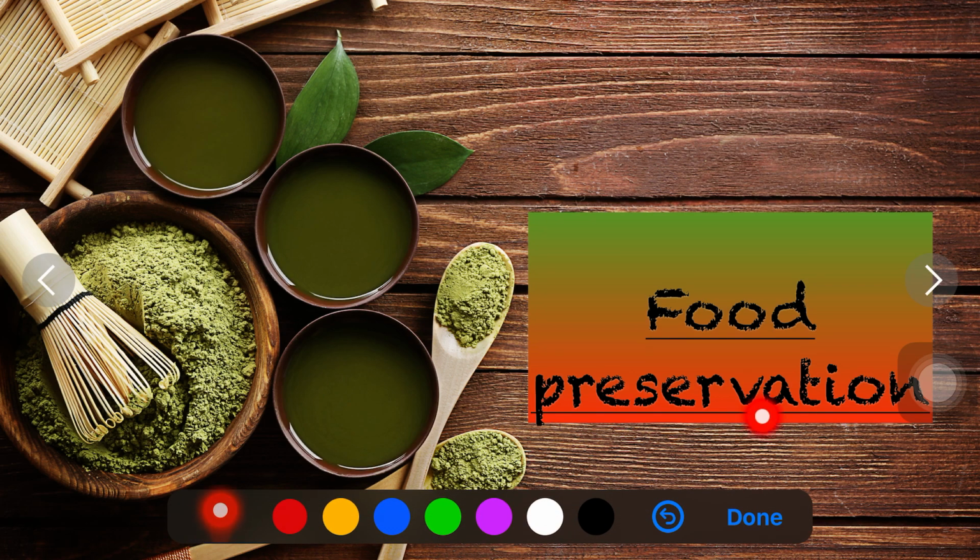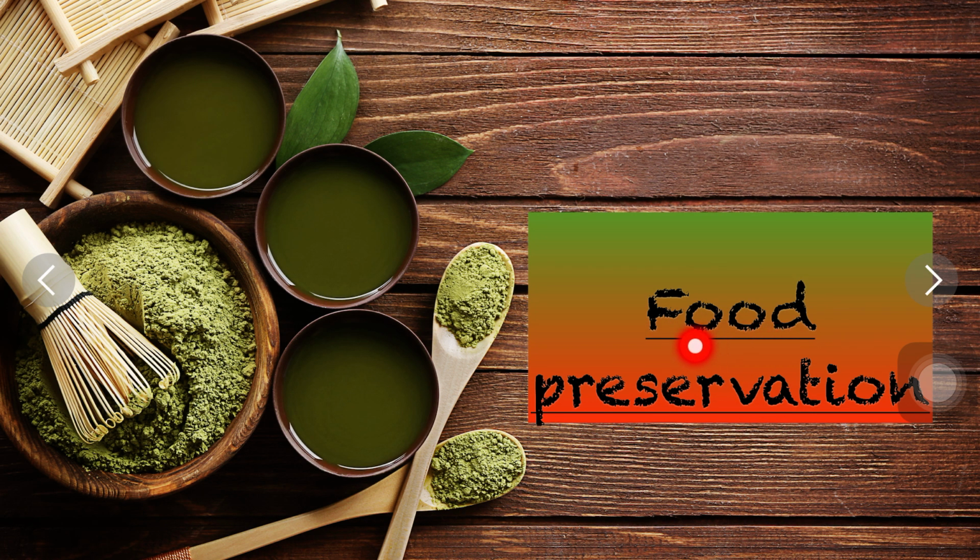Now student, let us begin with the next topic, that is food preservation. Student, the use of various preservatives to prevent food spoilage due to internal factors for a long period of time is called food preservation.